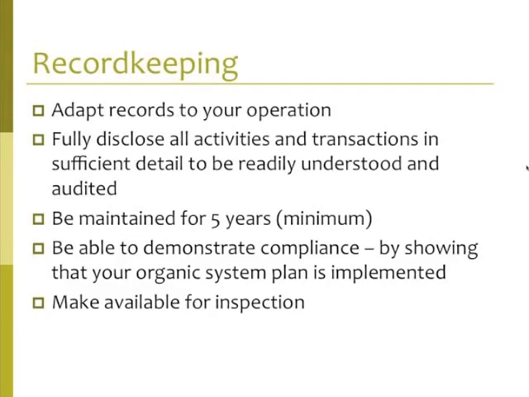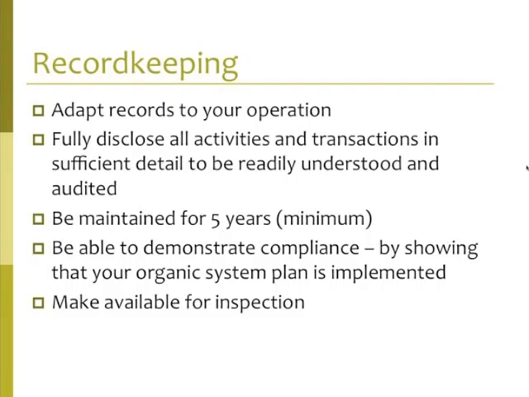The plan requires a description of your record-keeping system, and this is really a crucial component not just of your organic system plan application, but then using that record-keeping system to demonstrate compliance. The plan should show how you're maintaining the records, and then the inspector will use your records to verify that the organic system plan you've submitted is true in practice on your operation.